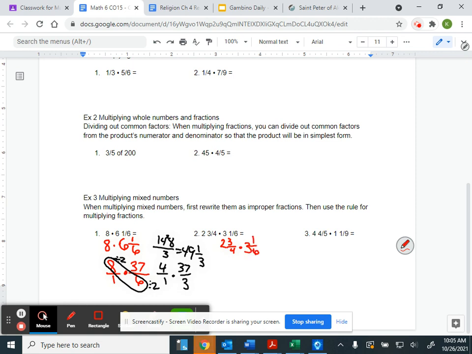First thing you do is turn them improper. Then you multiply across. Oh goodness, that's big numbers to multiply across.